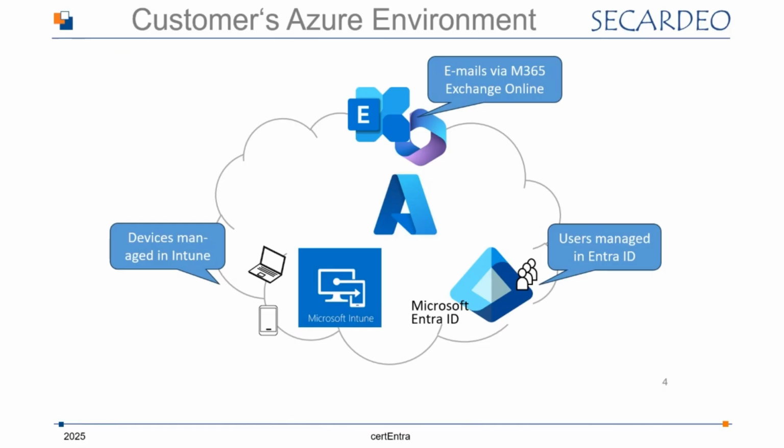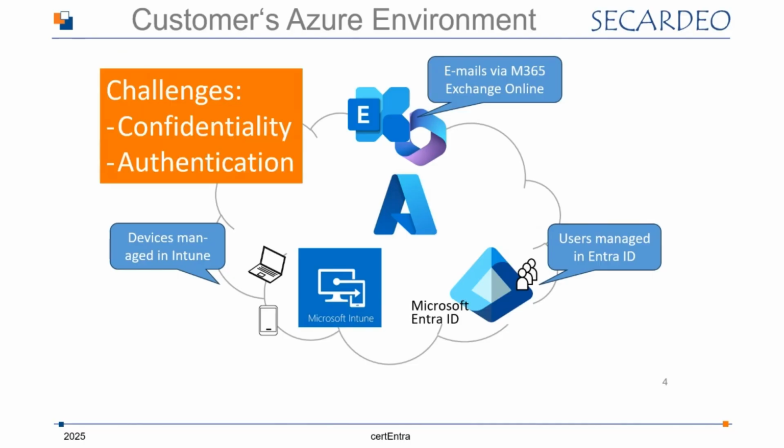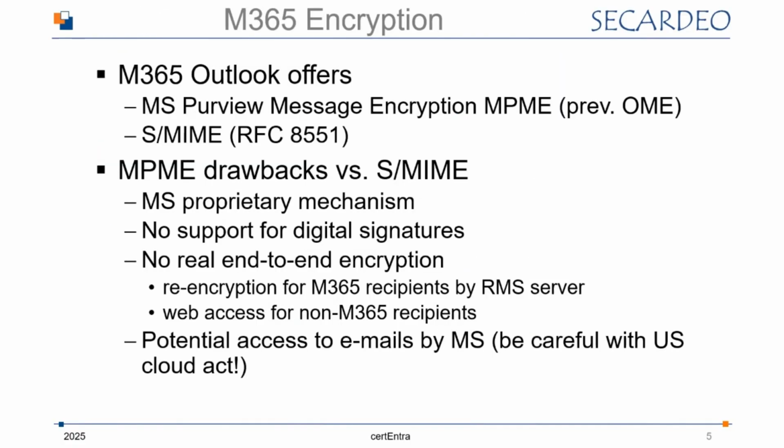Typically, cloud users are then using M365, basically Outlook and Exchange Online for the transmission of emails. So this is a typical environment. And we have challenges here when we talk about the exchange of emails. We have problems with confidentiality and authentication, and also the authentication of users in a cloud environment is a challenge.